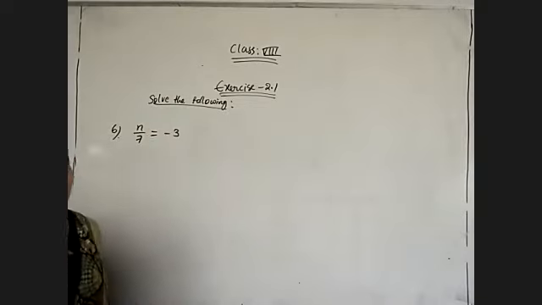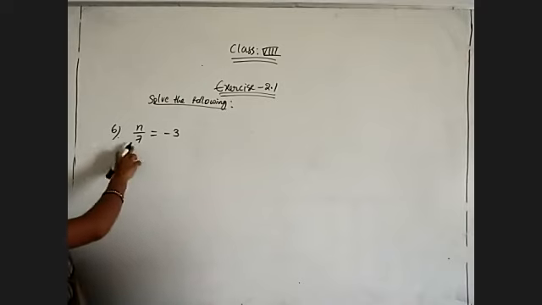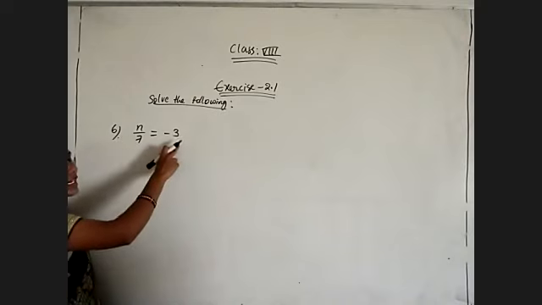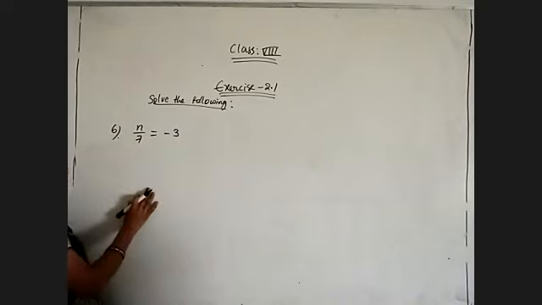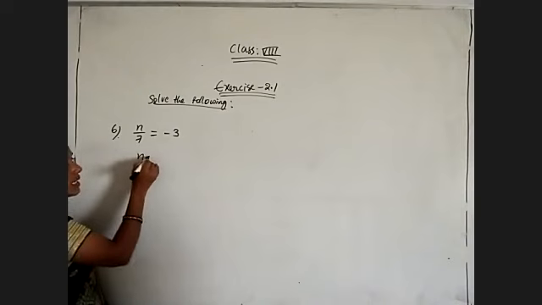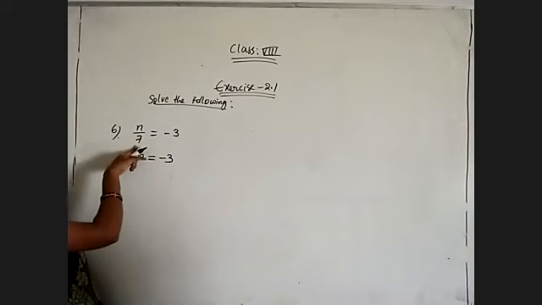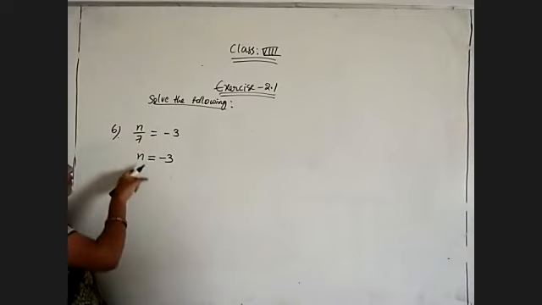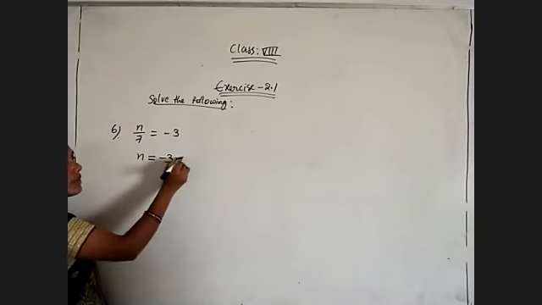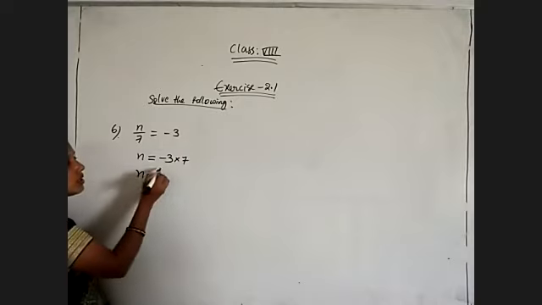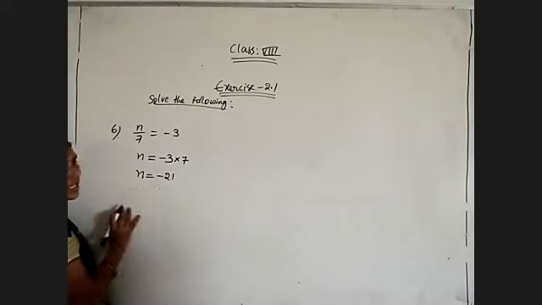Here we are going to apply our operations: multiplication, division, addition, subtraction, everything. n by 7 is equal to minus 3. Here there is division, and by bringing it to this side it will become multiplication. Here the extra term is in division, so while we are bringing it to this side, it will become multiplication. So n is equal to minus 3 sevens are 21.